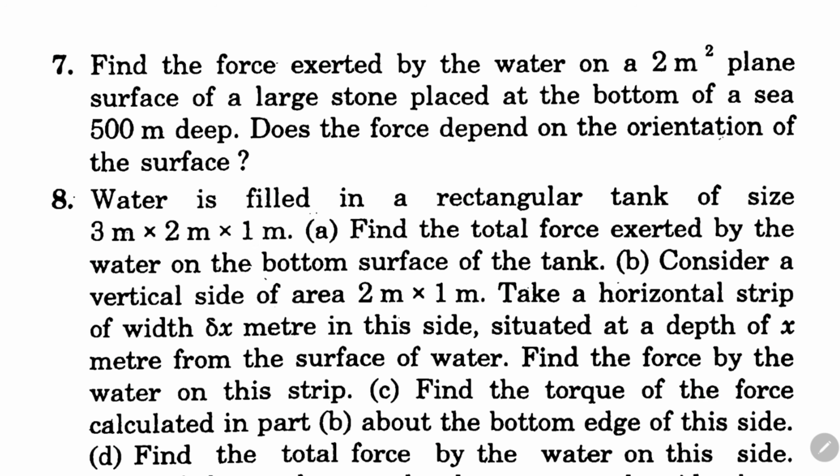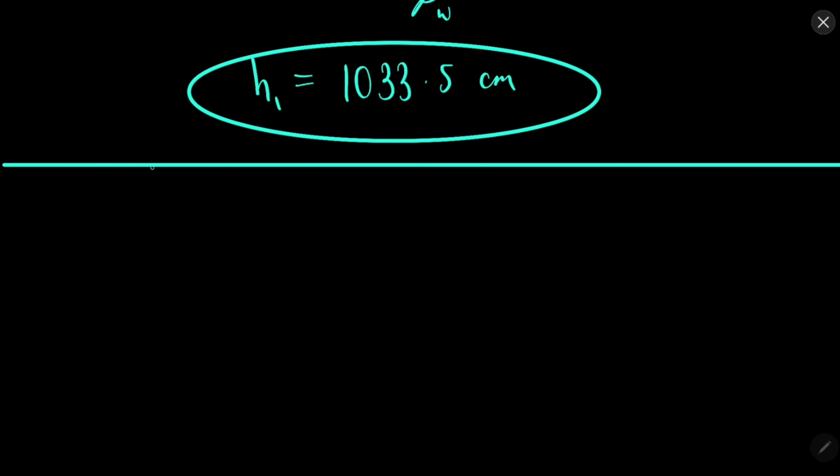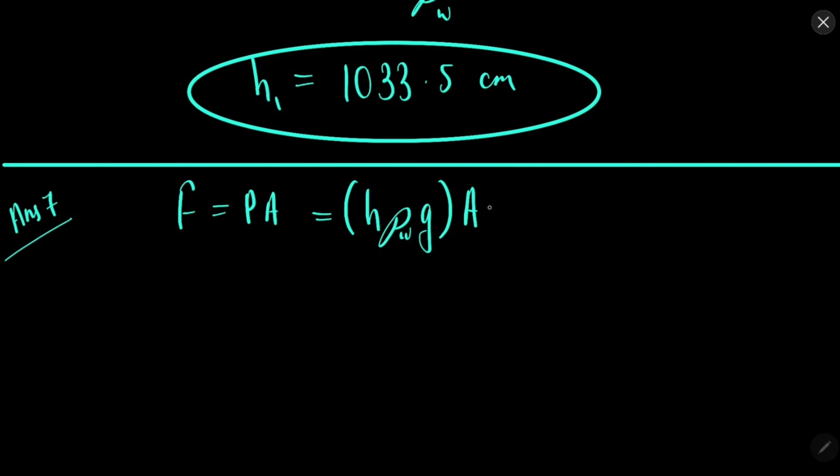In the seventh question, we have to find the force exerted by water on a 2 meter square plane surface of a large stone placed at the bottom of a sea 500 meter deep, and whether this force depends on the orientation of the surface. So this is the seventh one. Force is pressure into area, which is h rho w g into area.